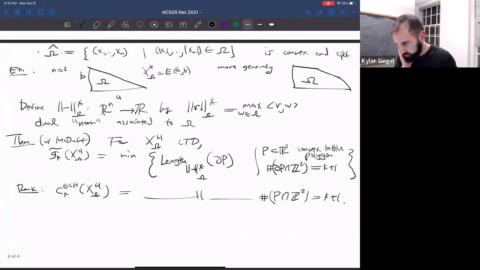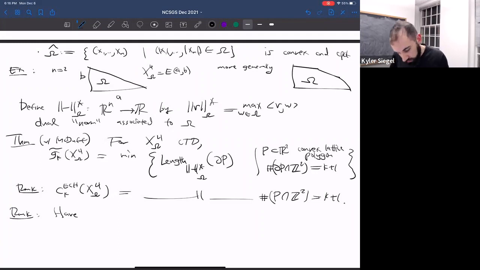So let me also mention, just to put this in a little more context, there are various ways that you can refine this definition. For example, you can consider higher genus curves.